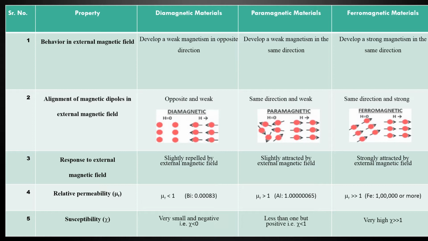We can show in this diagram that when no external magnetic field is applied, the dipoles are in their positions, and when we apply an external magnetic field, these dipoles move slightly in the opposite direction. Whereas in paramagnetic material, these dipoles move in the same direction, but weakly, very small, in the direction of the magnetic field.